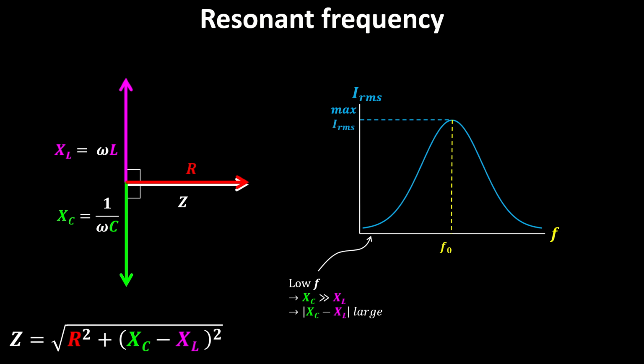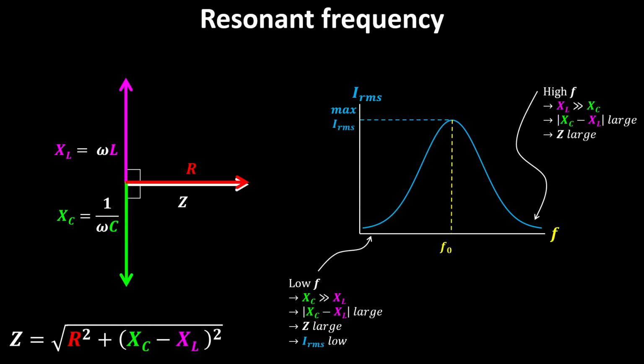So the difference between them is large, and you get a large impedance and a low current, a low RMS current. At high frequencies, it's the other way around. We've got the inductive reactance much larger than the capacitive reactance. So you still get a large difference between them and a large impedance and a low RMS current.